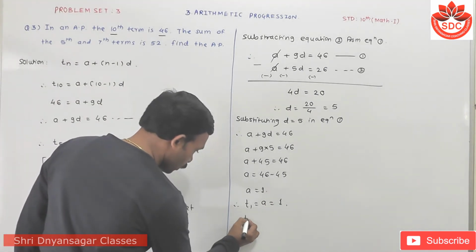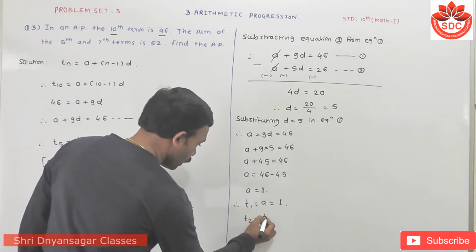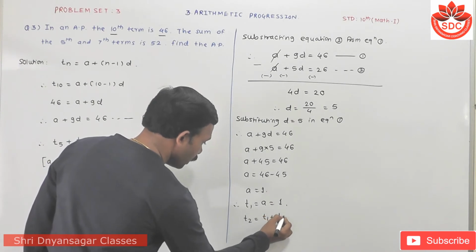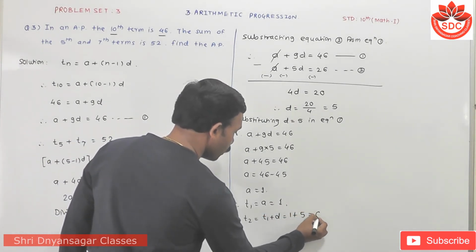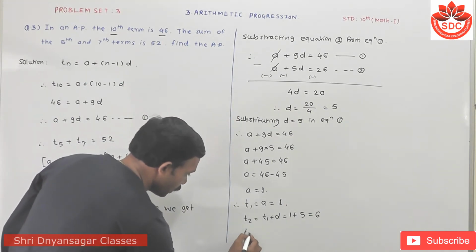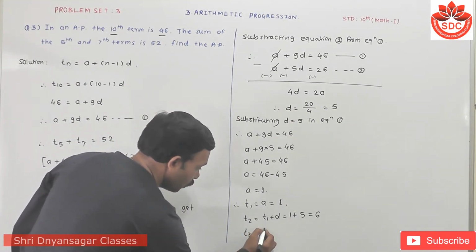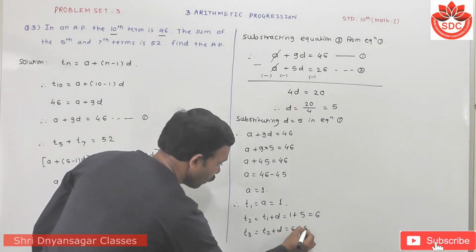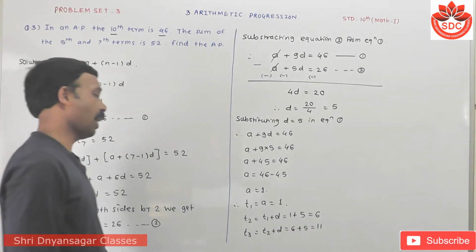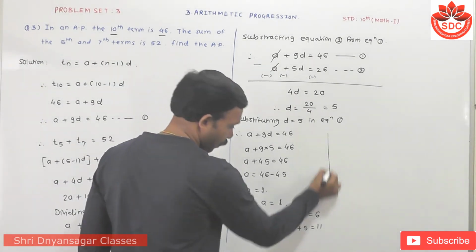T2 is equal to T1 plus D, meaning 1 plus 5 is equal to 6. T3 is equal to T2 plus D, which is 6 plus 5 is equal to 11, and so on.